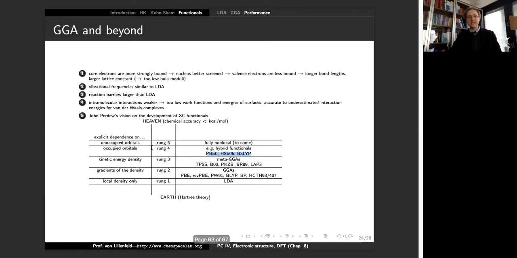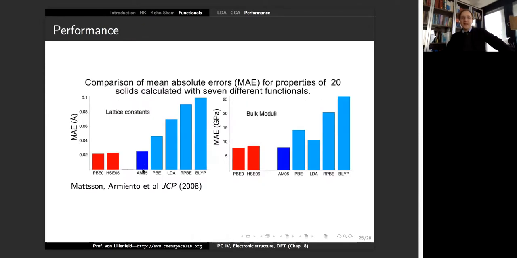Because it would suggest that this hierarchy, as you see it here, is not rigorously true. Right? So it's an approximate hierarchy, if you wish. It's still very helpful. In many cases it holds, but not always. And it also tells you that the ways how we approximate the Kohn-Sham potential in DFT have not been fully maxed out in terms of what could be done.